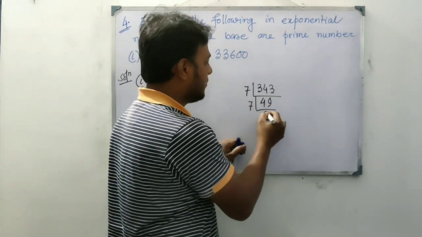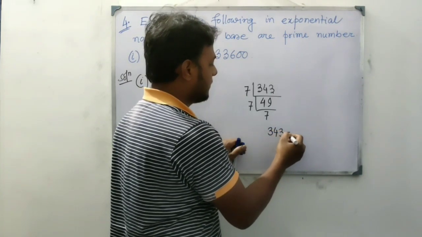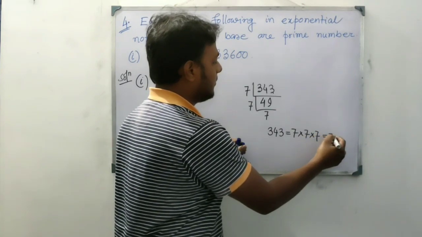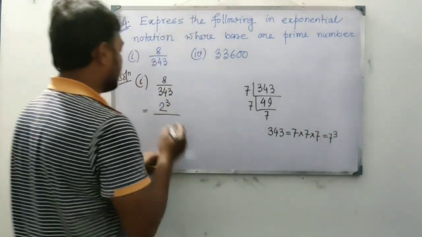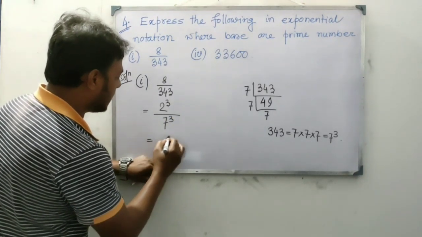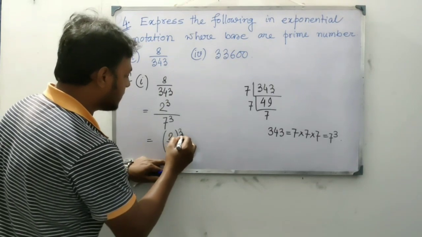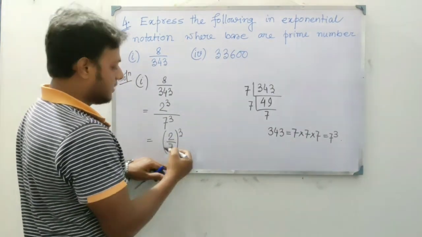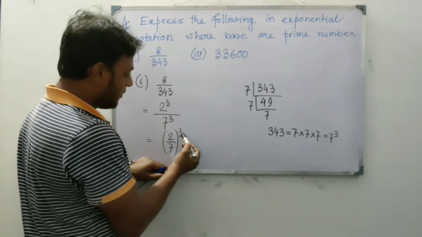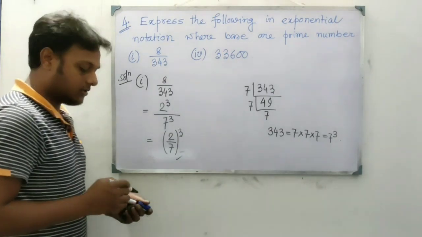Now by 7 into 7, so 343 can be written as 7 into 7 into 7. This is nothing but 7 cube. So in place of 343 you can write 7 cube. So this is nothing but 2 by 7 whole to the power 3. We can use this notation. Why? Since outside the bracket we can write the 3, then this 3 will distribute over numerator and denominator. So this completes the first solution.